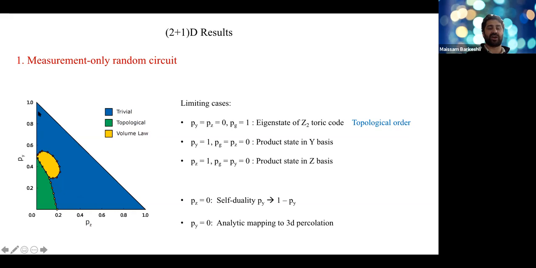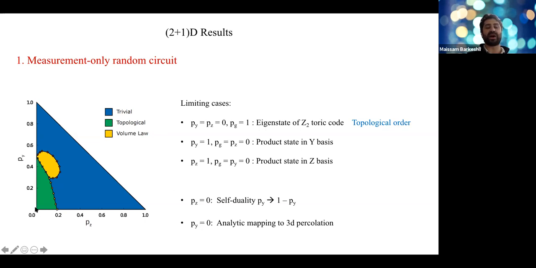Now, this phase diagram is interesting along the x-axis and the y-axis. So the axis where pz = 0, this axis along py, this one has a self-duality that maps py to 1 - py, which is why it looks symmetric about py = 1/2.